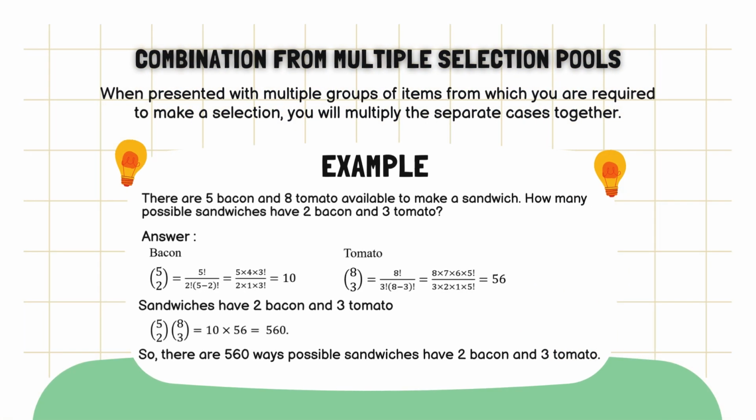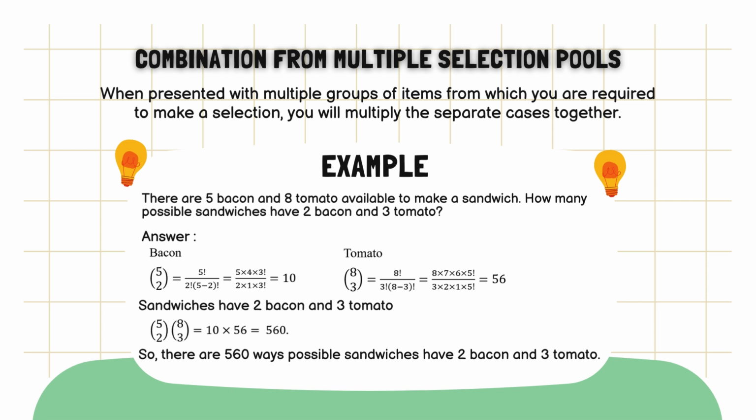Next, there are 2 types of combination. The first is combination from multiple selection pools. When presented with multiple groups of items from which you are required to make a selection, you will multiply the separate cases together. For example, there are 5 bacon and 8 tomato available to make a sandwich. How many possible sandwiches have 2 bacon and 3 tomato?